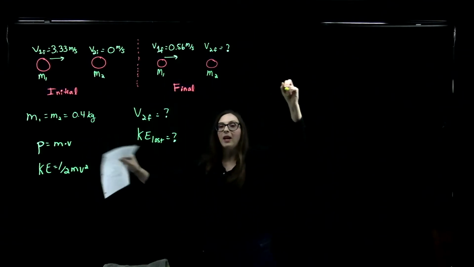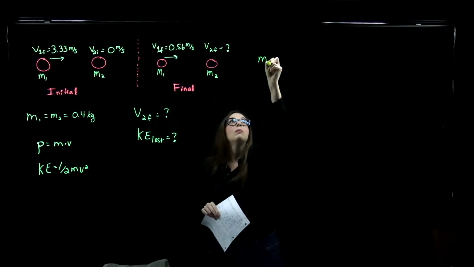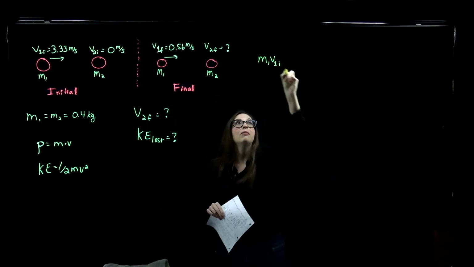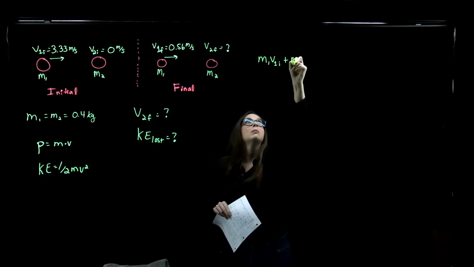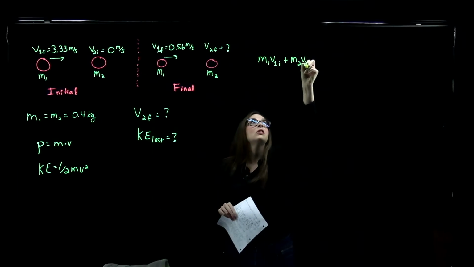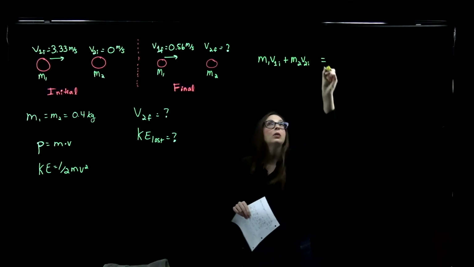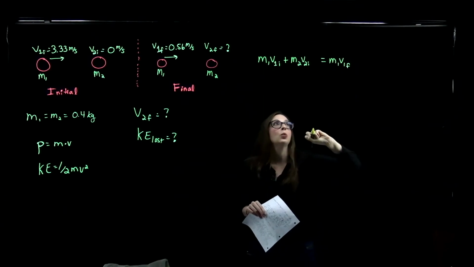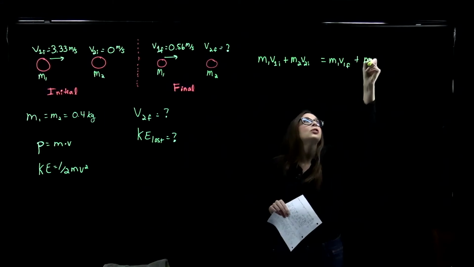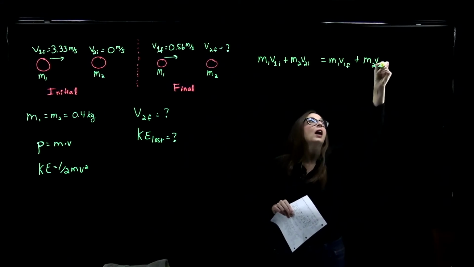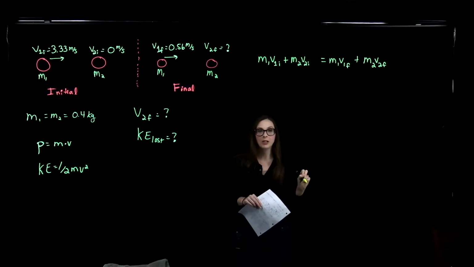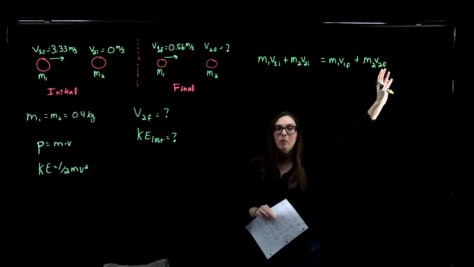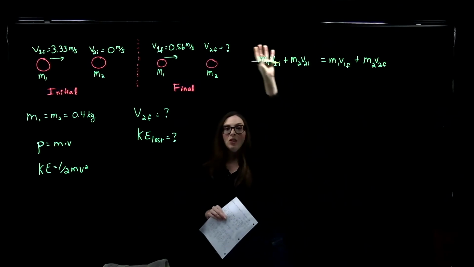Remember, momentum is mass times velocity, so I'm going to say mass 1 times my initial velocity of mass 1, plus mass 2 times the initial velocity of mass 2, equals mass 1 times the final velocity of mass 1, plus mass 2 times the final velocity of mass 2. So that's what our equation looks like for conservation of momentum. The sum of all the final momentum equals the sum of all the initial momentum.